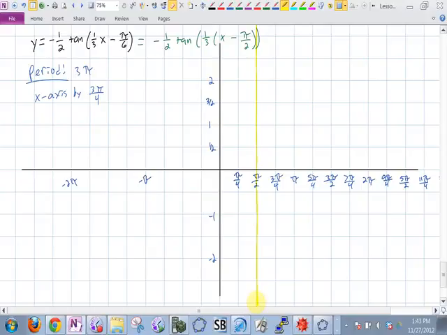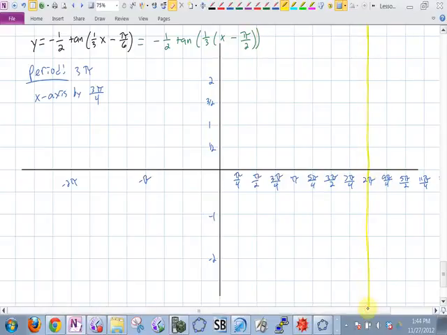So if I horizontally stretch this whole thing out by 3, where is this vertical asymptote going to end up? 3 pi halves. Okay? But then I also have to shift it to the right pi halves, so where is it going to end up after that? 2 pi. So after horizontally stretching by 3, then shifting to the right pi halves, that vertical asymptote is going to end up right here at 2 pi.